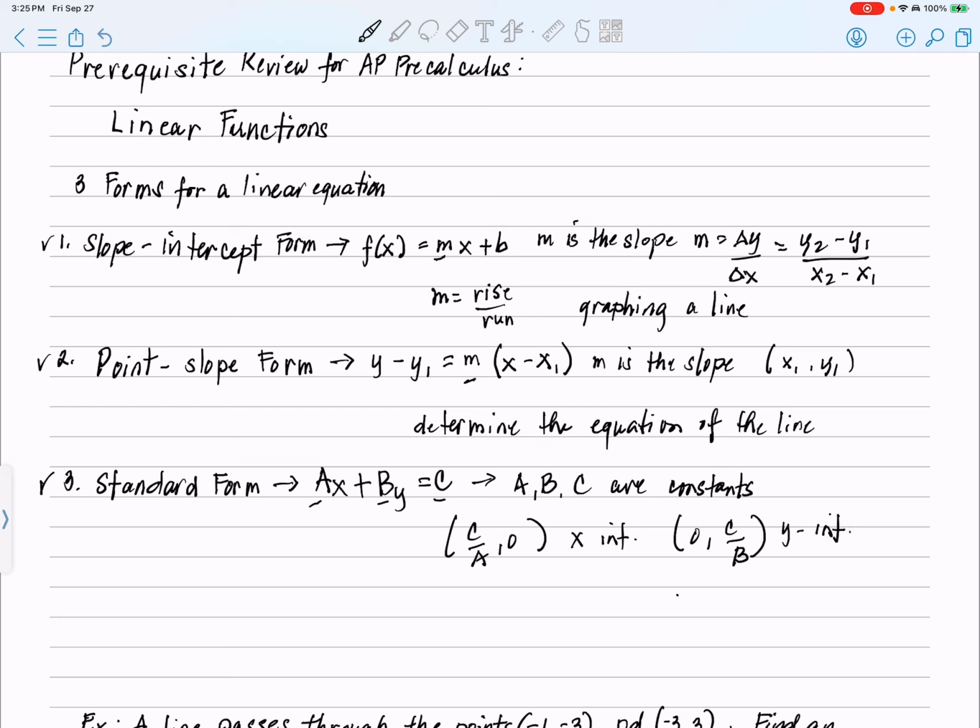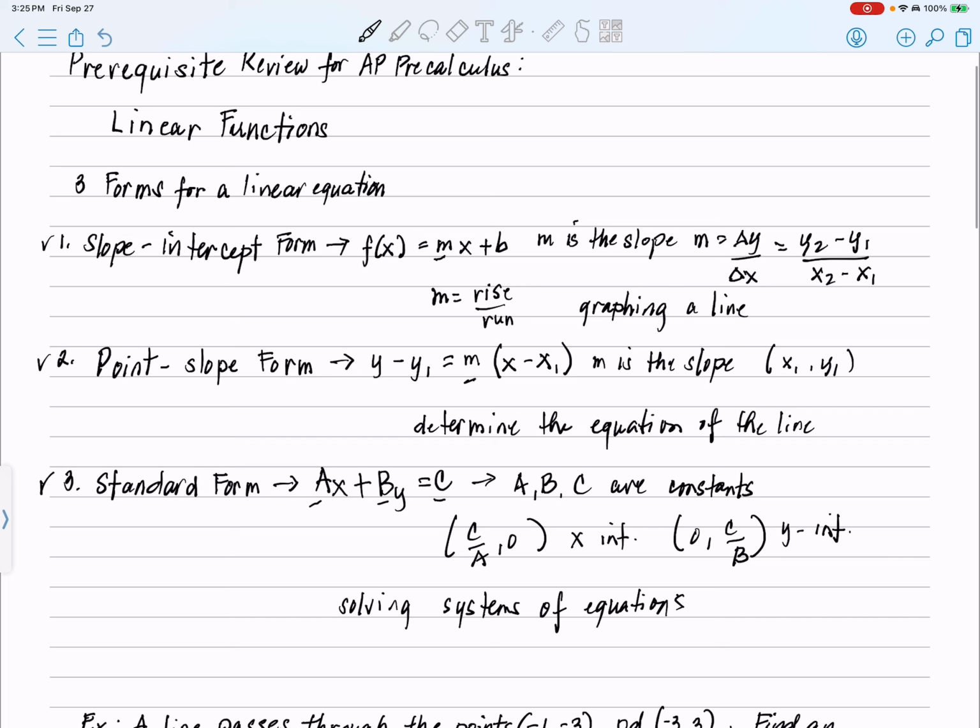And the standard form is best to use when you solve systems of equations. We're gonna use all these forms later on in solving a problem.